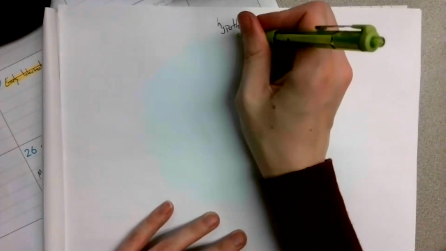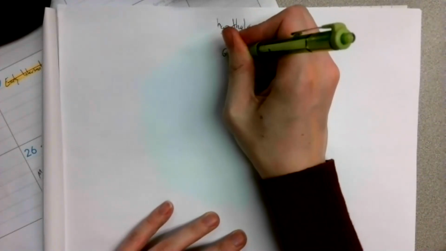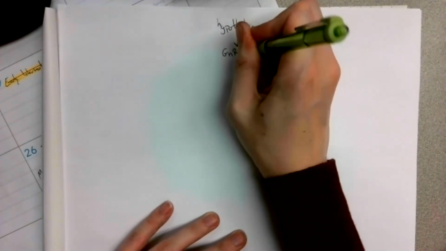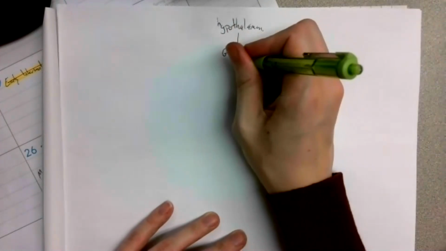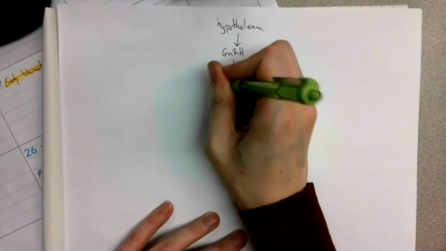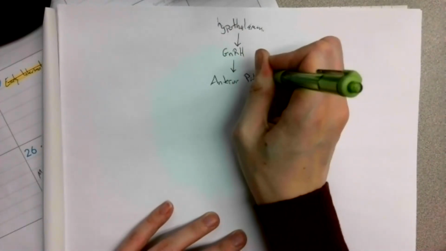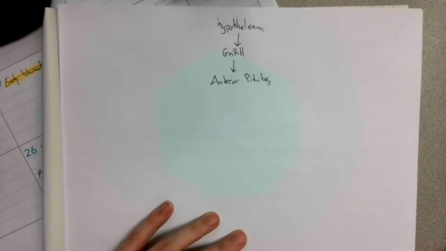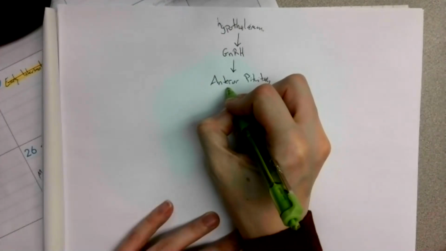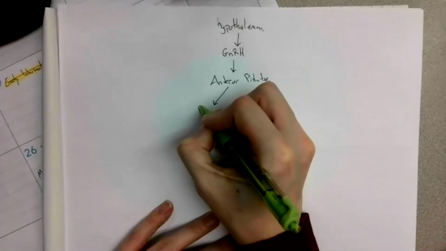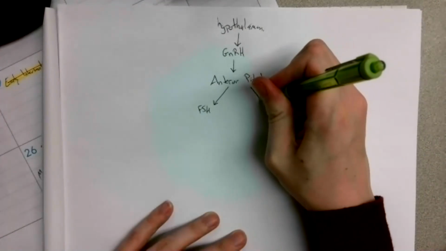The hypothalamus is going to release gonadotropin-releasing hormone, GnRH, which is going to go to the anterior pituitary. And then the anterior pituitary will release the FSH and the LH.